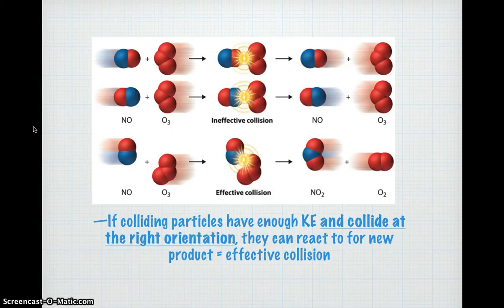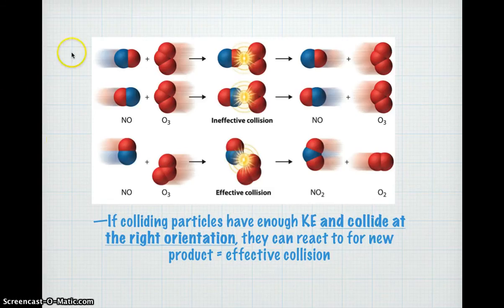There are a couple factors which determine whether it's going to become an ineffective collision or an effective collision. If the colliding particles have enough kinetic energy and collide at the right orientation or angle, then they can react to form a new product. This would be an effective collision.